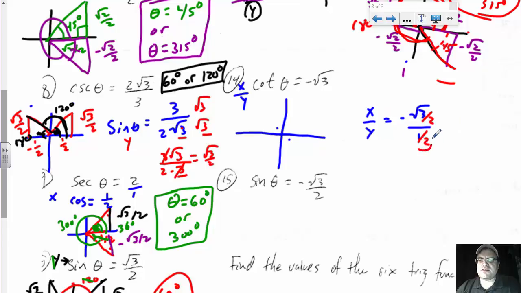So what I see here is something I recognize as being sides of a special triangle. If x is negative root 3 over 2, going over here, and y is positive 1/2, then I have a triangle where this reference angle will be 30 degrees.